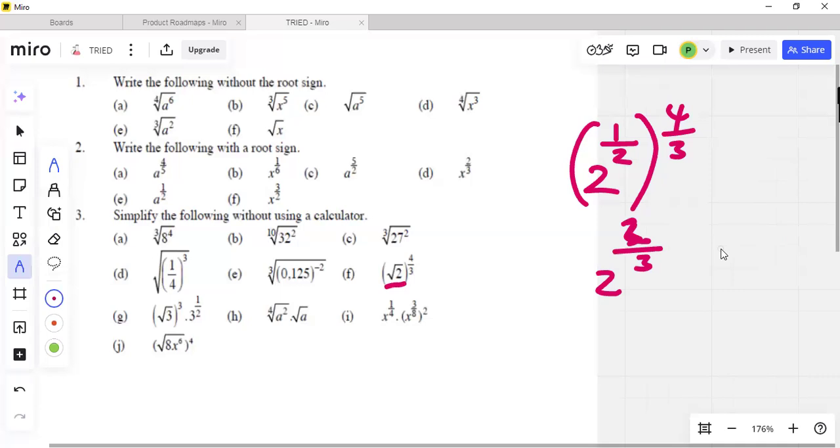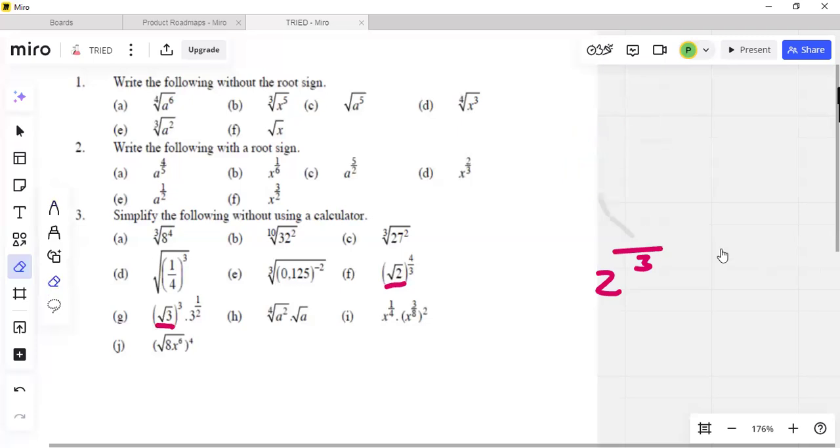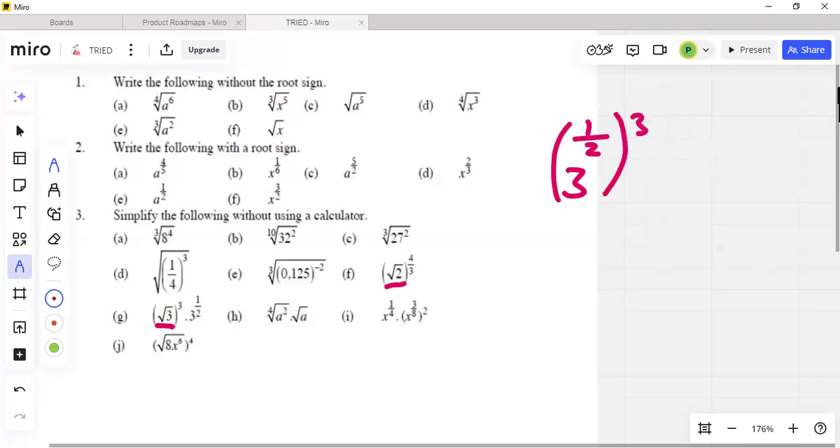Let's go to G, right? In the same token, with the G now, the first thing that we do is we deal with the square root of 3. The square root of 3 is 3 exponent of half, 1 over 2, right? Bracket exponent of 3, so now we have half times 3, that's 3 over 2, times 3 exponent of half. So this is where we are at.